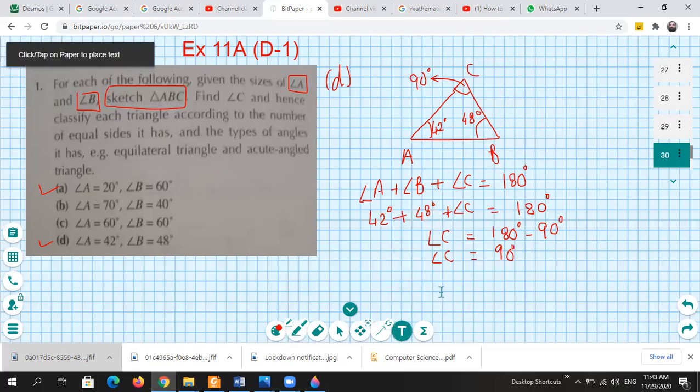And if we classify it with respect to sides, we can see that all the angles are different, so all the sides must be different as well. So it is a scalene triangle.